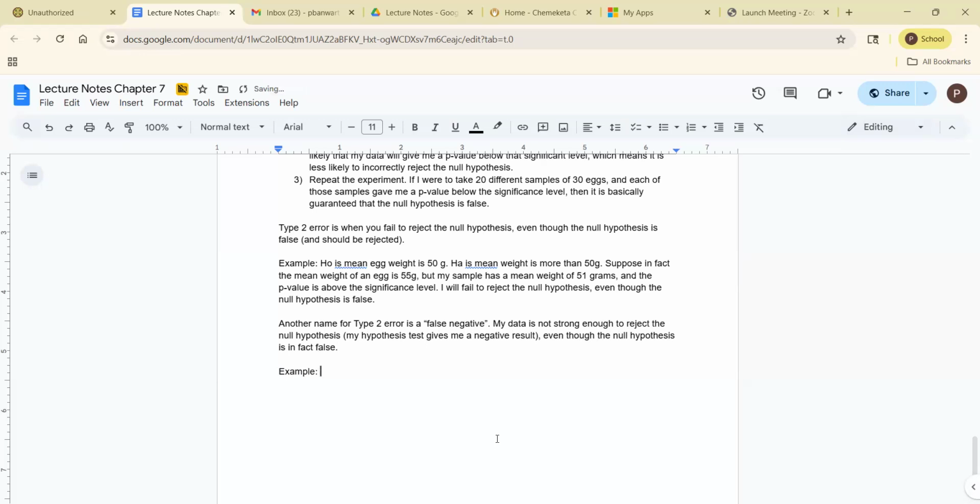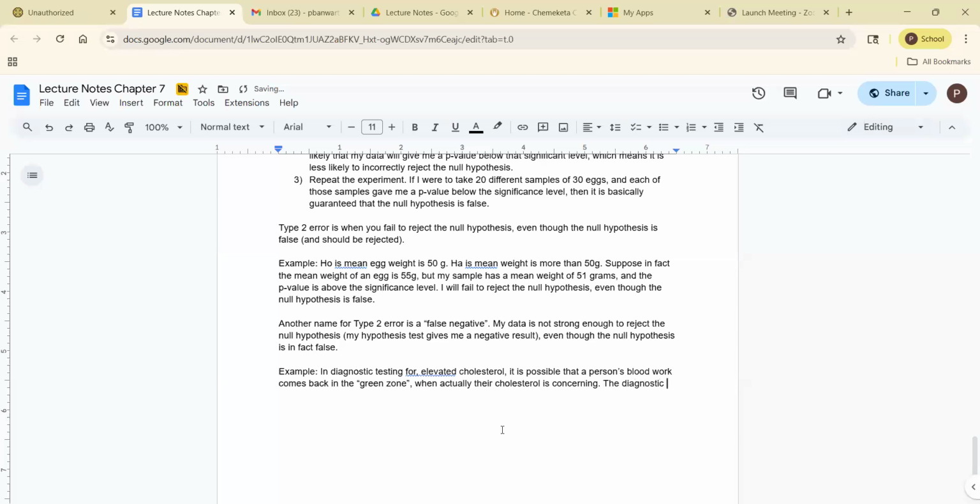A common example of that is in diagnostic testing for, let's say, elevated cholesterol. It is possible that a person's blood work comes back in the green zone when actually their cholesterol is concerning.